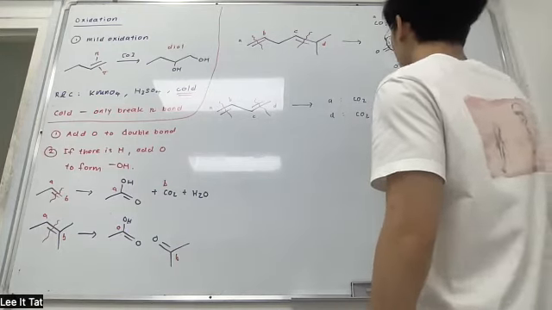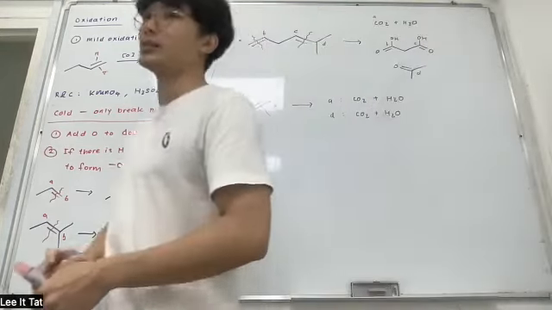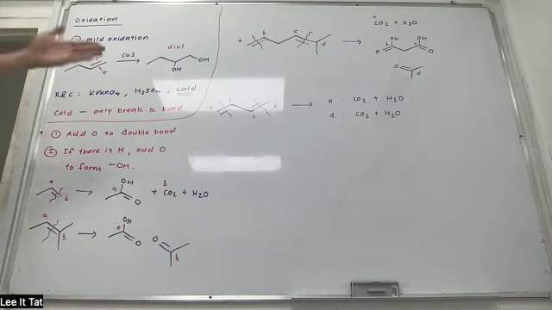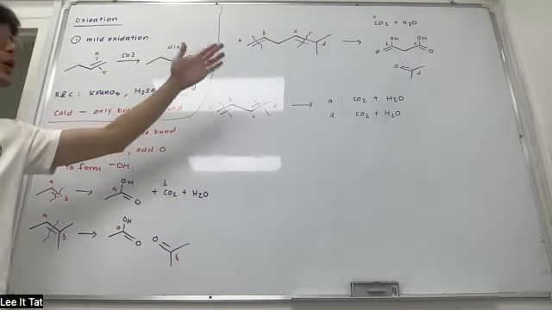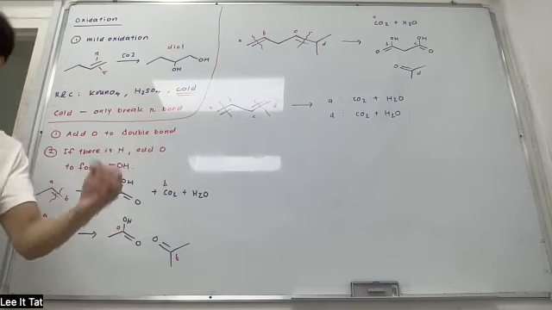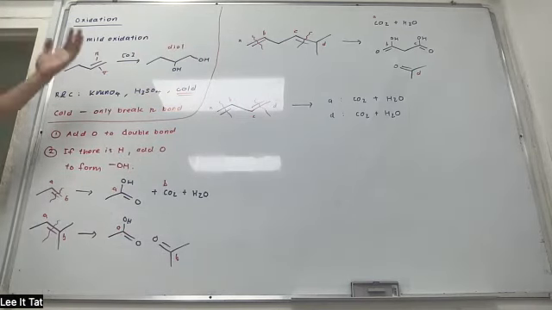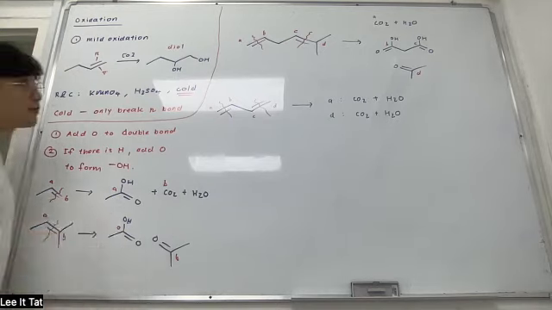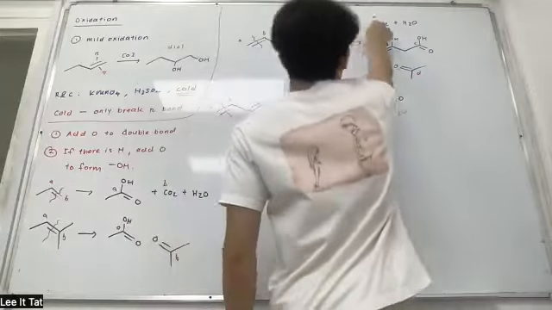Now at this point, with the carbon dioxide and water, I'm just going to tell you guys the ultimatum. When does it give carbon dioxide and water? You all realize the pattern so far. You see all the carbon dioxide and water from all our examples. Where is the alkene usually located such that it gives carbon dioxide and water? I want you guys to observe patterns. Carbon A at the end gives you carbon dioxide and water.